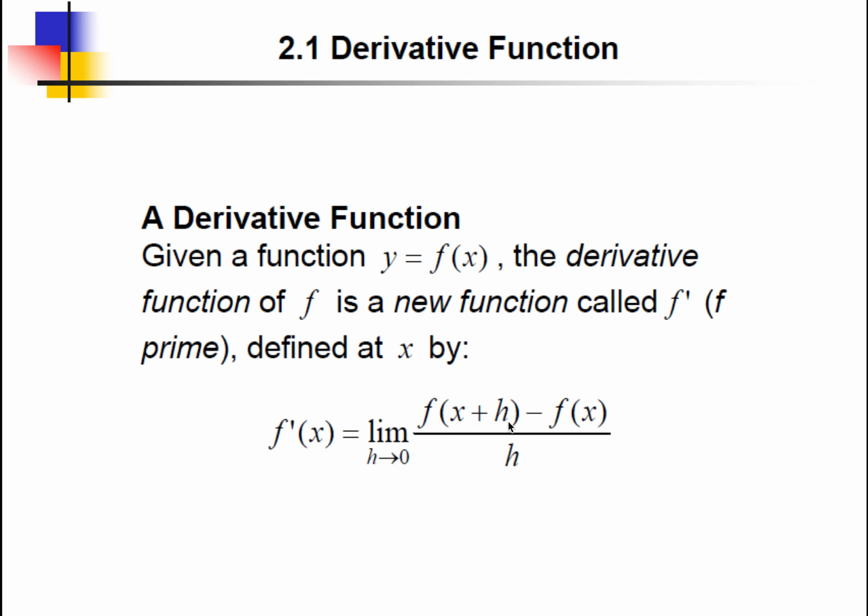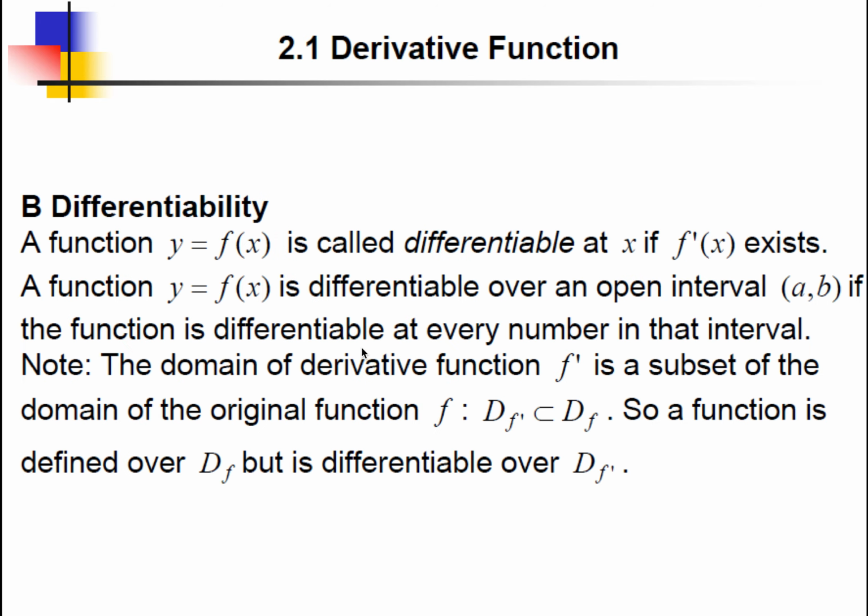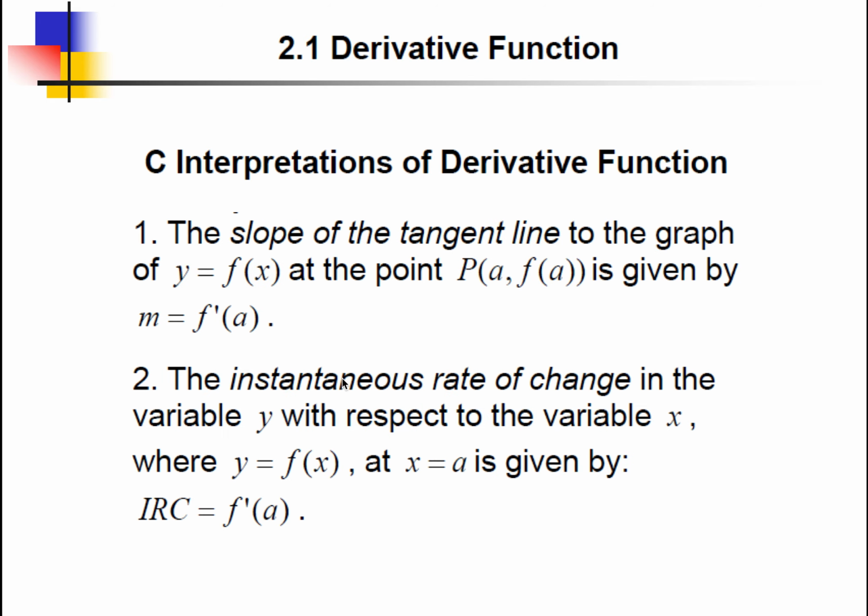That is technically it. So interpretations of the derivative: it is the slope of the tangent, it is the instantaneous rate of change, as we said. If the function is at a point a, then we say it's f prime of a. If we're finding it in general, then it is f prime of x.